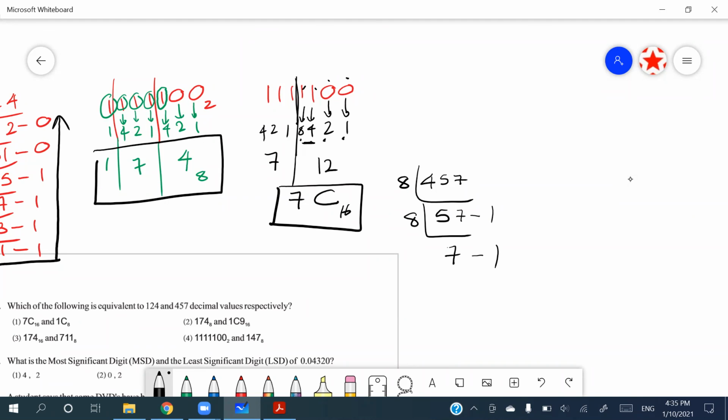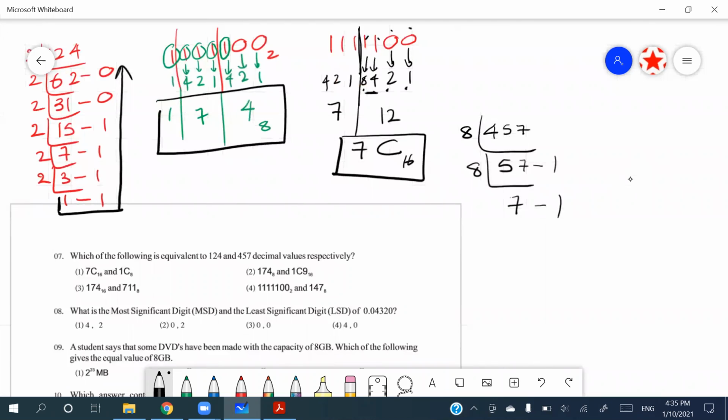So 711 in octal. So with that, you can directly go to the value of this, right? So the third one is going to be your answer, right?